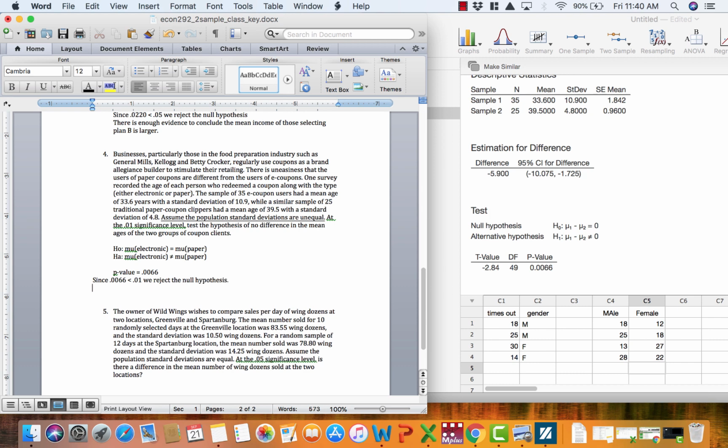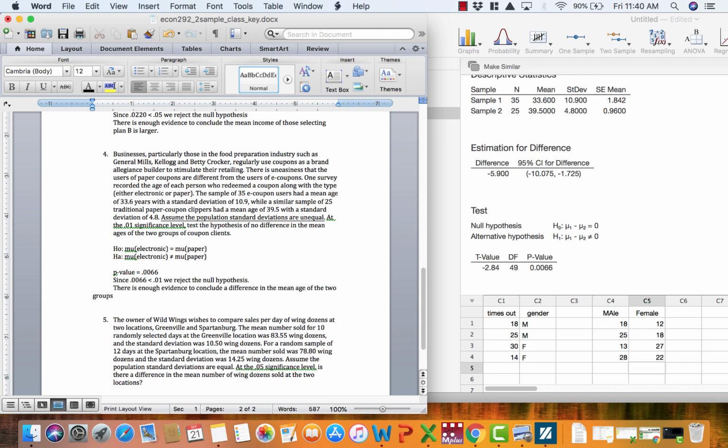What does that mean? There is enough evidence to conclude a difference in the mean age of the two groups of coupon clients.